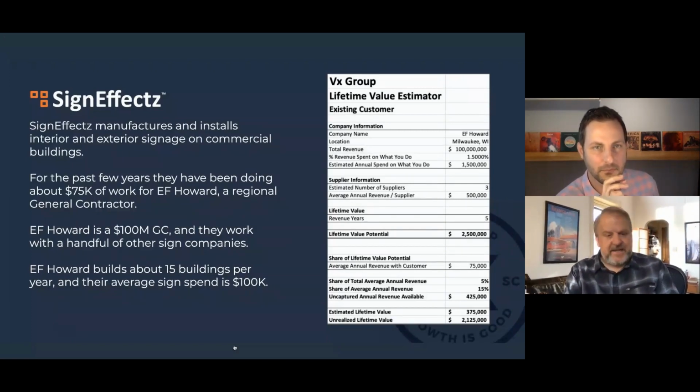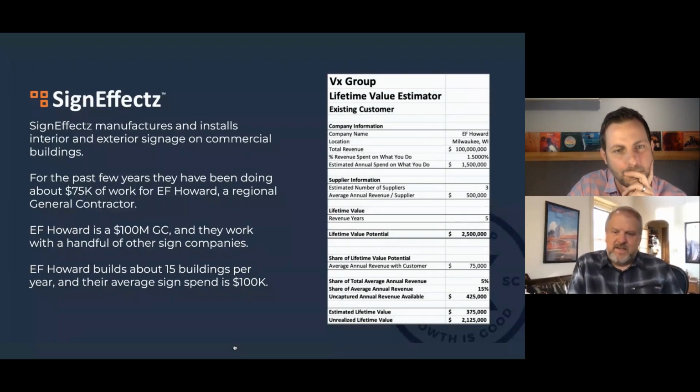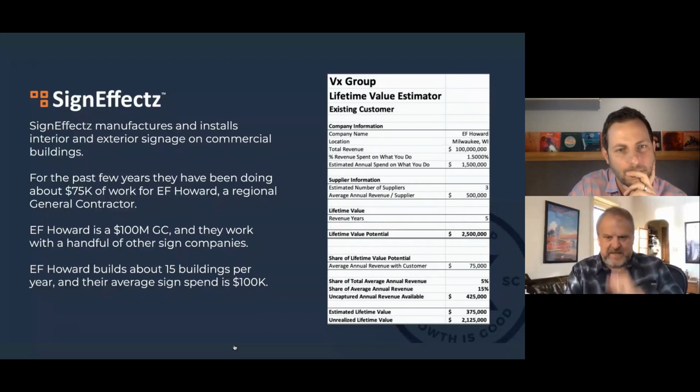So if you take that data and you push it into this little calculator, and I even expanded it just a touch, the basics are up above. So they spend about 1.5% of their overall revenue on what you do, a total spend of about $1.5 million.